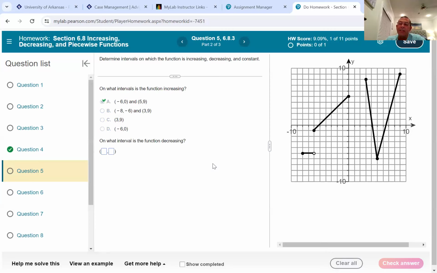On what interval is it decreasing? Well, y'all, the third line is going downhill left to right. So the third line is the one where I need to figure out the starting x value and the ending x value. So let's get that top point on the left of the V and see what that x value is. And y'all, that looks like what? 1, 2, 3.